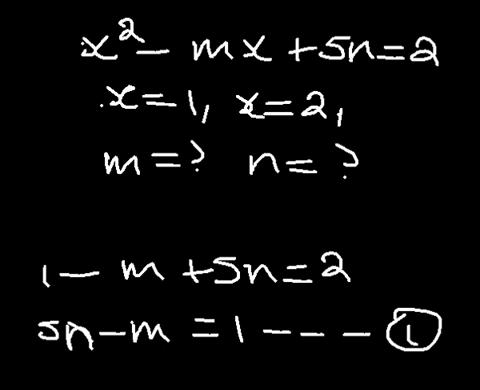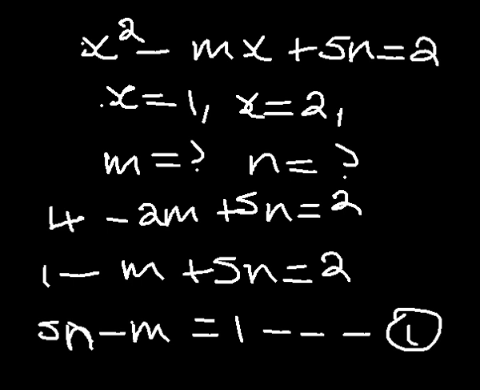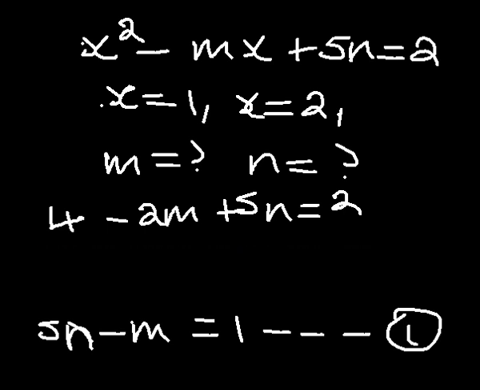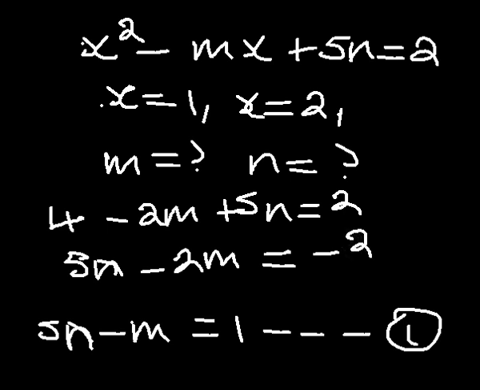And also let's do the same with the other root as well. Let's think of substituting for x there, that will be given as 4 minus 2m plus 5n, that will be equal to 2. So which means we have 5n minus 2m will be equal to negative 2.